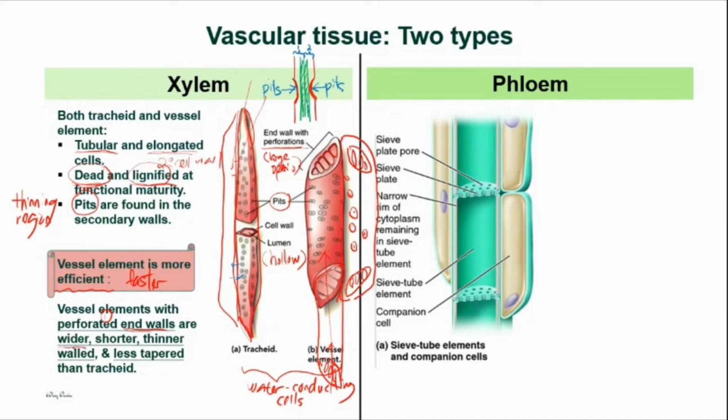Another reason why the water moves faster in vessel element is because of the diameter, which is wider. All this contributes to less collision, less resistance, rintangan yang kurang dan pendek, shorter. So the water movement completing the one cell journey is faster. Dia pass from one cell to the next cell is faster.